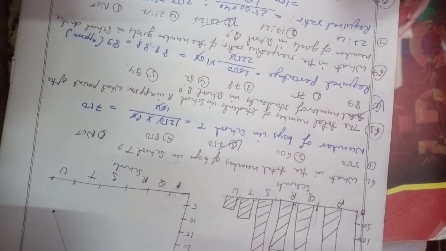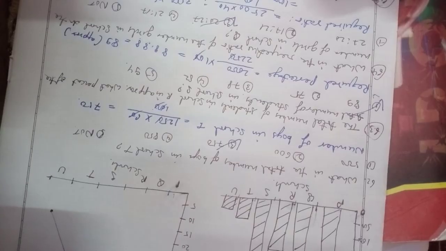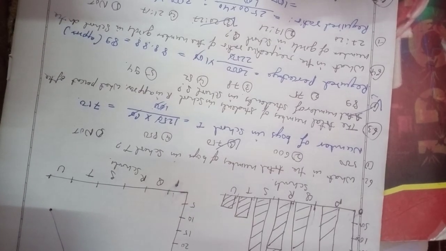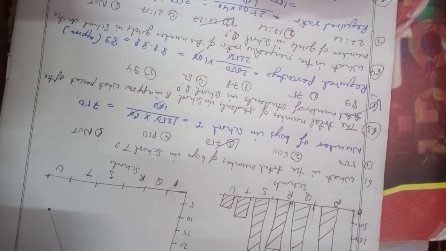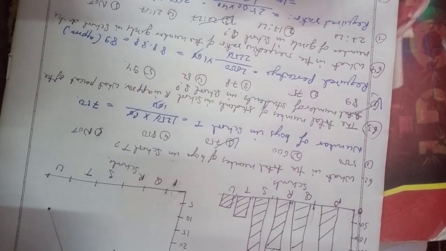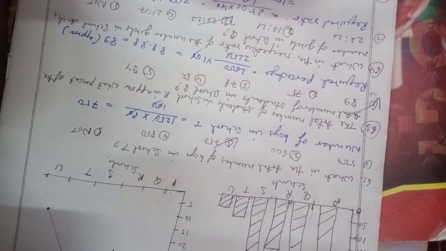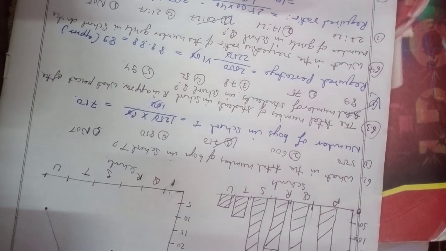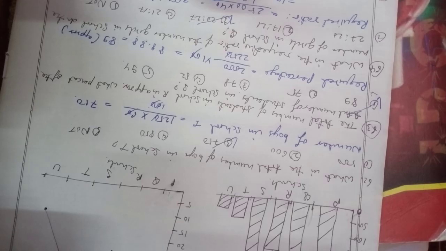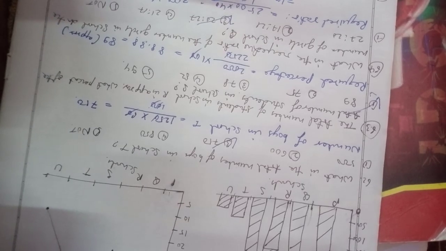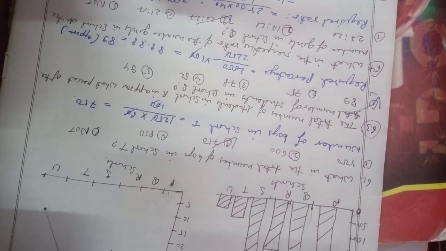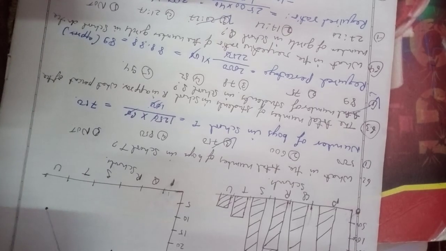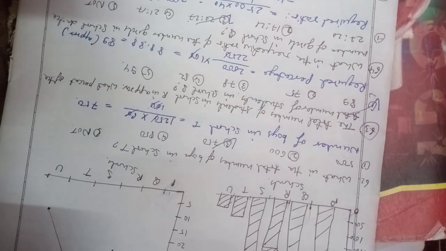Options are 78.55, 72.45, 76.28, 75.83. The fifth is none of these. So let's go for the same.